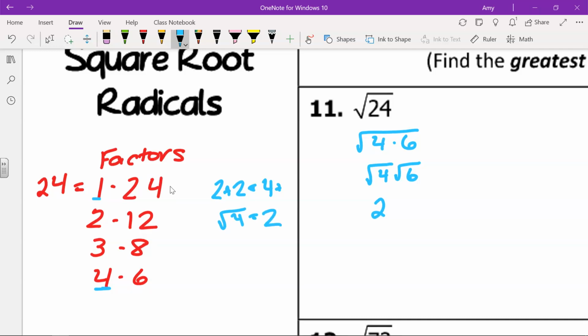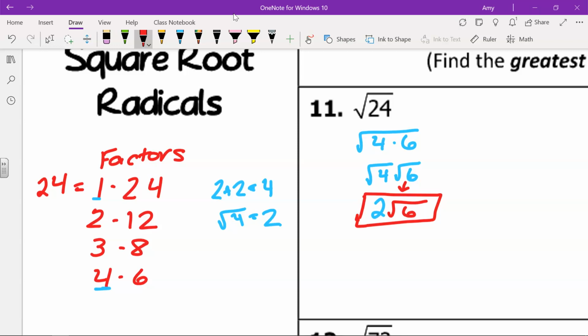We do not use that radical anymore because we already used it to get the 2 value. And then the square root of 6 is not a perfect square, so I'm just going to leave it the way it is. And that is a simplified radical. The nice thing about this is that we can often get this number in the radical very, very small, which helps us find things like terms.